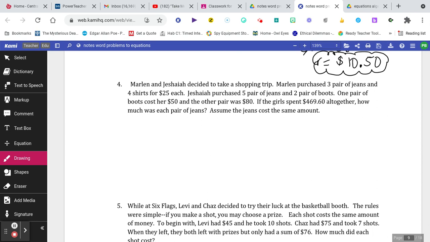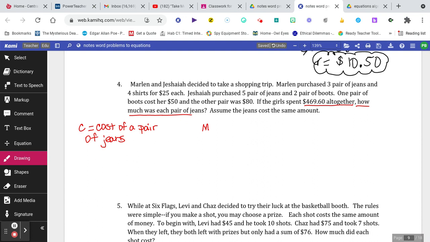So I'm going to go to my question. How much was each pair of jeans? So I'm going to say C for the cost of a pair of jeans. Okay, so I know that together they spent $469.60.